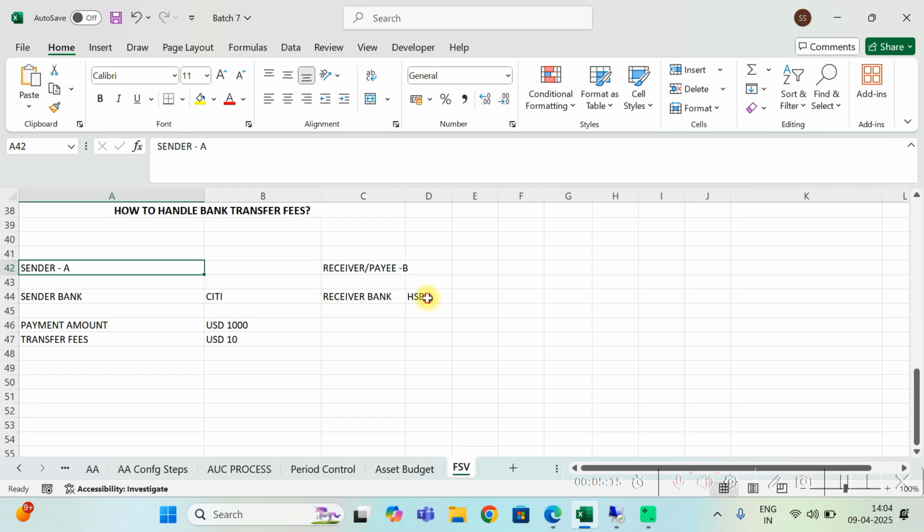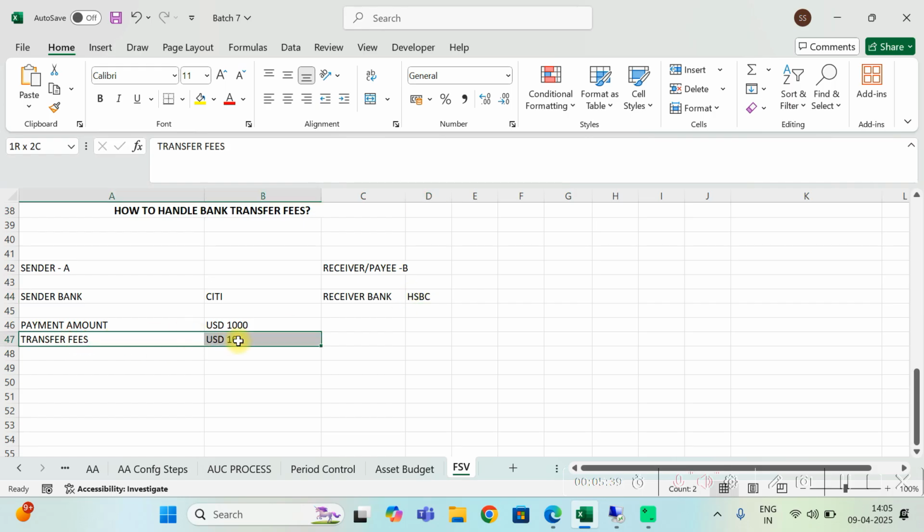And the receiver bank is HSBC, and whatever HSBC is charging as processing fees, the receiver will pay. So the sender will bear whatever Citibank is charging, and the receiver will pay whatever HSBC is charging.